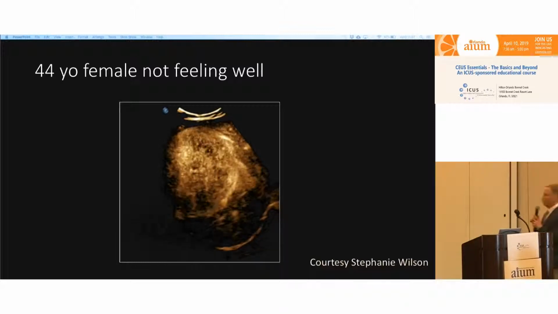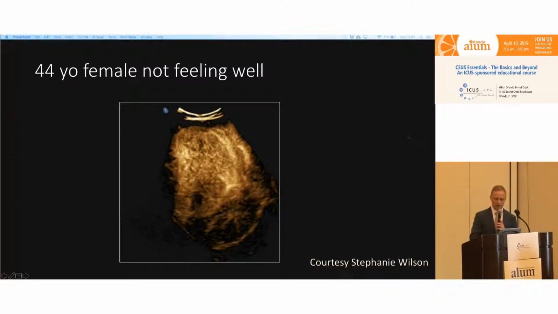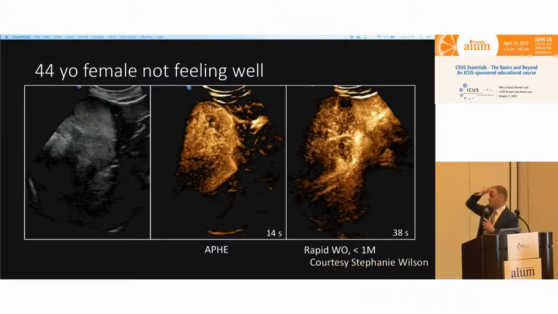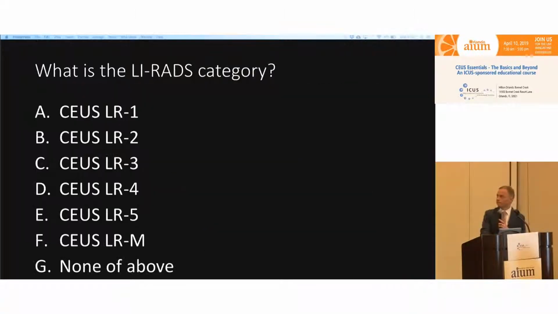And you can see normal liver enhancing at the bottom, and this quite prominent arterial phase hyperenhancement of this lesion. This is the lesion at 38 seconds, demonstrating rapid washout, occurring less than 1 minute after contrast injection. All right, so the question is, what LI-RADS category would you assign to this lesion?